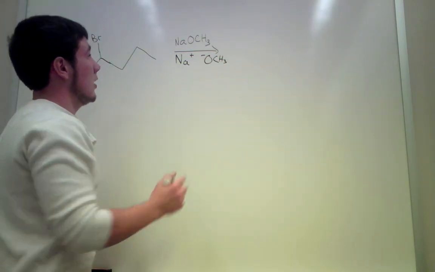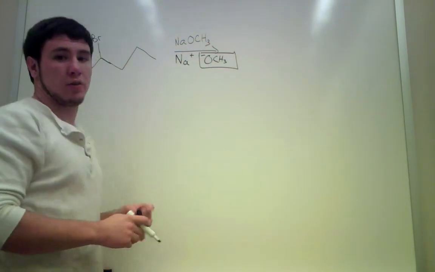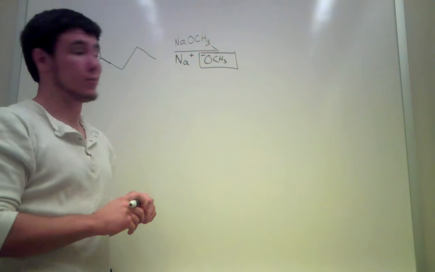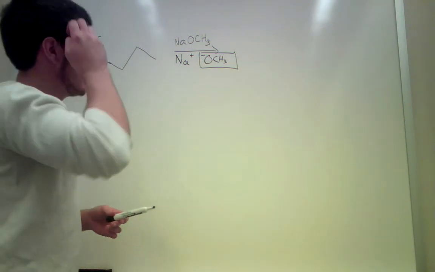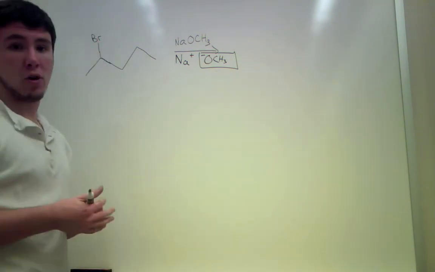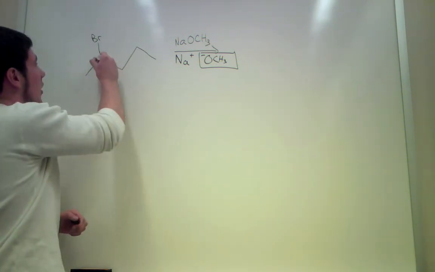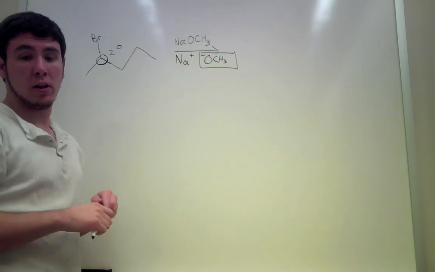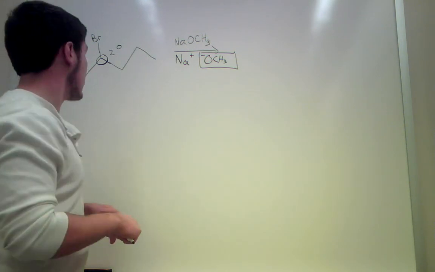Since it has a negative charge, it's most likely going to be a strong base, and strong bases are strong nucleophiles. Knowing that, with a strong base and a strong nucleophile and a secondary carbon, we can go through an Sn2 or an E2 reaction.